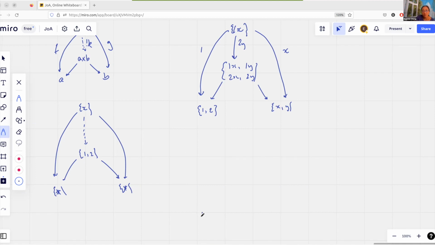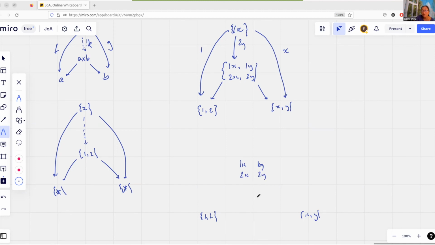So if we've got 1, 2, and x, y, the product ought to be 1x, 1y, 2x, and 2y.